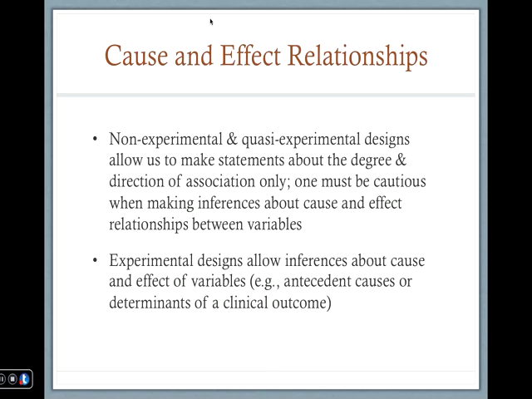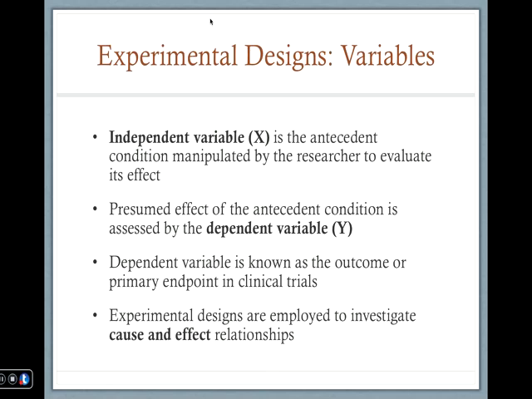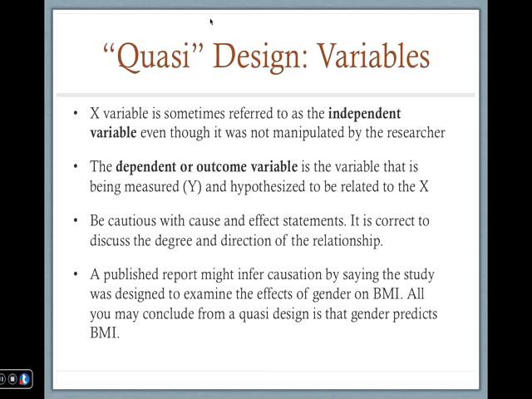Again, be careful about cause and effect relationships. In experimental designs, X is usually called the independent variable, Y is called the dependent variable, and dependent variables are known as outcomes or primary endpoints, and these types of designs can investigate cause and effect relationships.